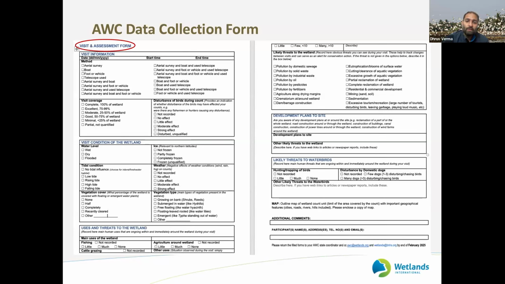People who have been doing AWC through these Word forms, Excel forms, or other methods, for the majority of these sites, we have these maps. But in the past couple of years, when a lot of eBird data, a lot of data which is coming from other observations or not proper counts, in some cases we are lacking these maps.